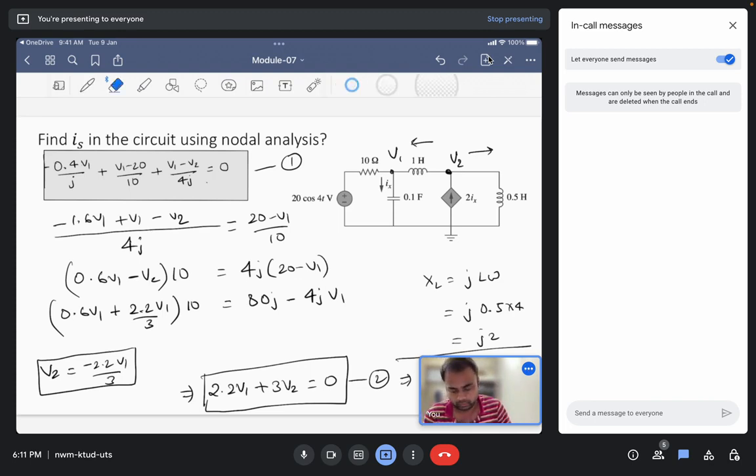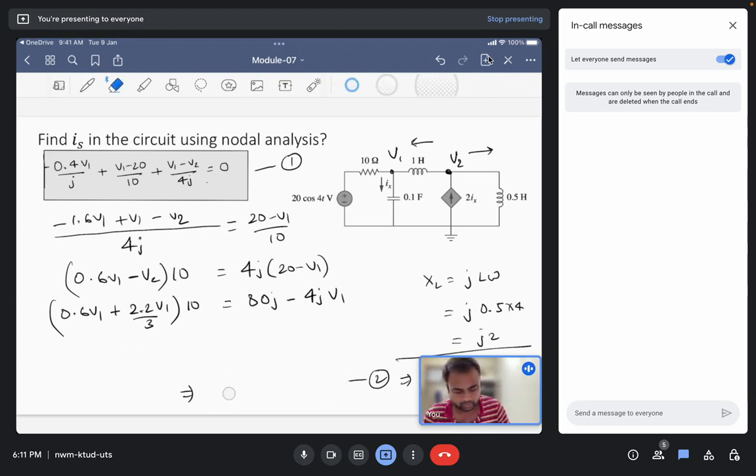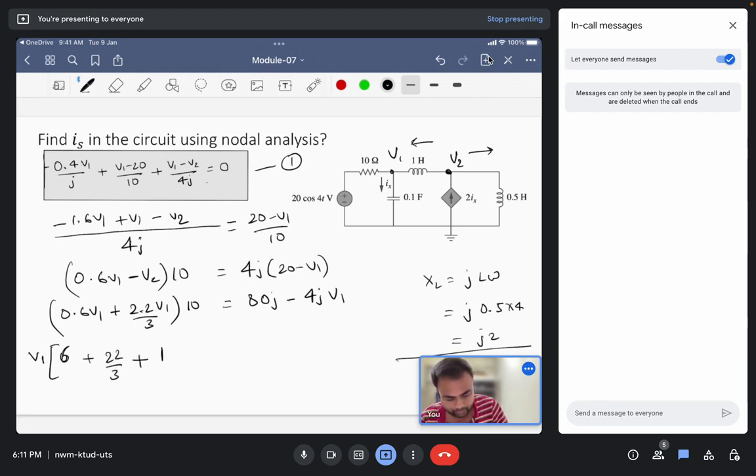Okay. So now let us solve the equation taking V1 on the left hand side. So V1 will be common. 0.6 into 10 is 6 plus 2.2 multiplied by 10 will be 22 divided by 3 and plus 4J. So these are all the coefficients for V1 and this will be equal to 80J.